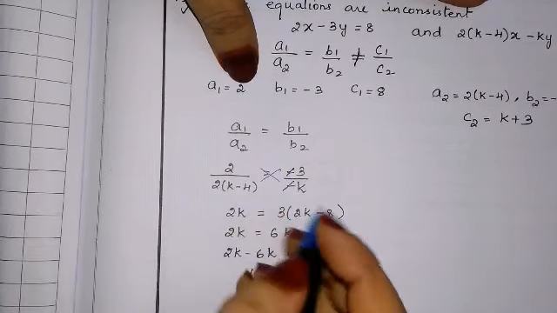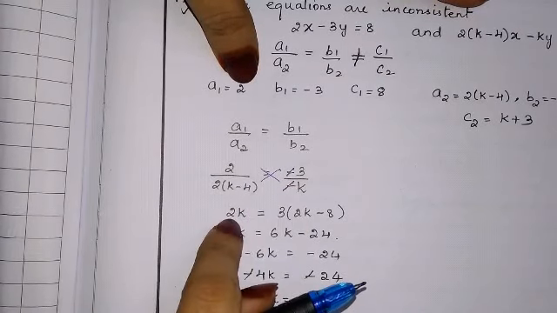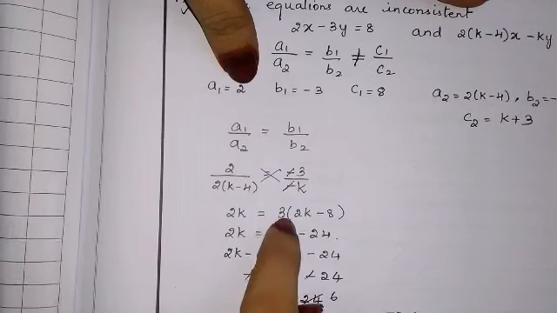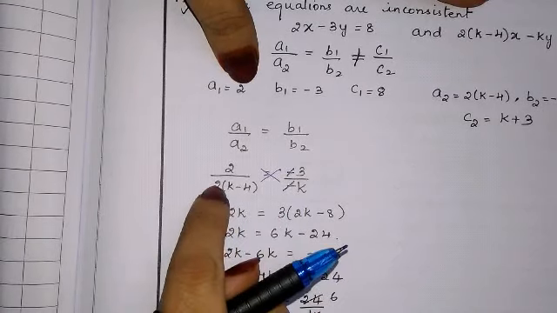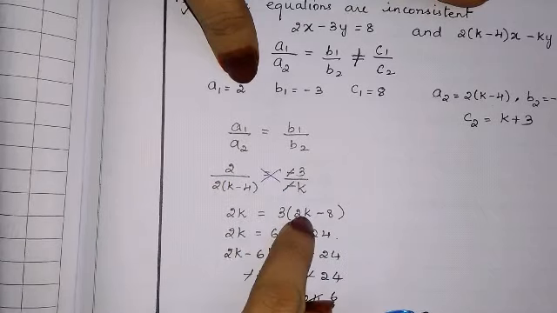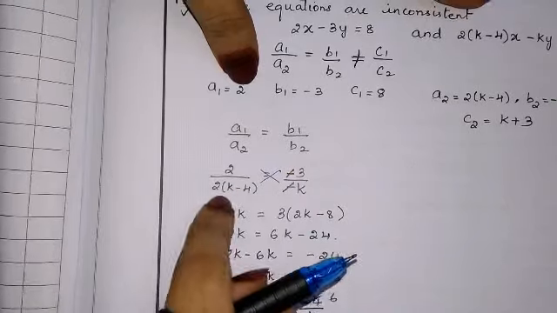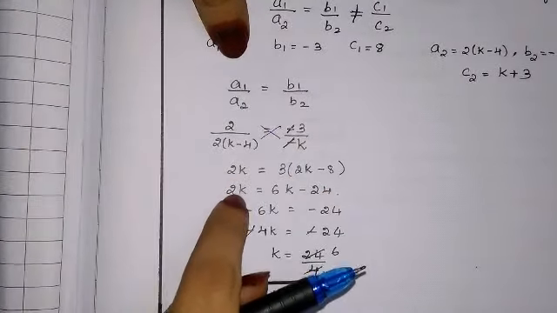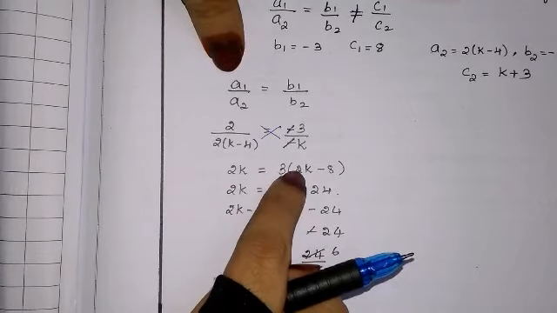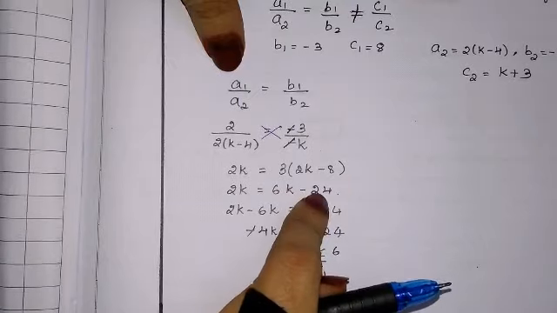Now let us cross multiply. 2 into k, 2k, 2 4s are 8 into 3. 3 into 2k minus 8. Okay. Now 2k as it is, 3 2s are 6k minus as it is 3 8s are 24.